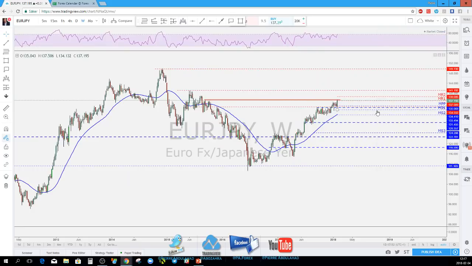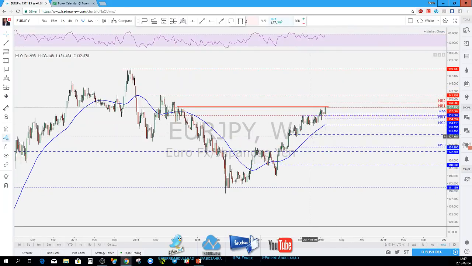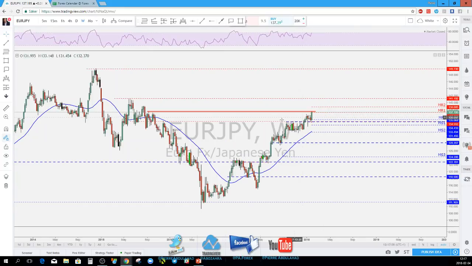Euro JPY is also in a very bullish structure. The thing here is that we do have previous structure, but they are very close to each other. As you see, it's like resistance, another resistance a little bit higher, another resistance, and so on and so forth.